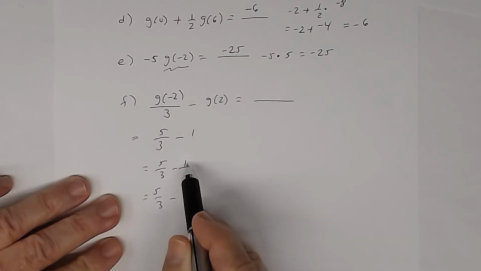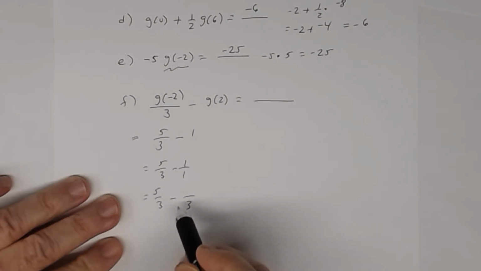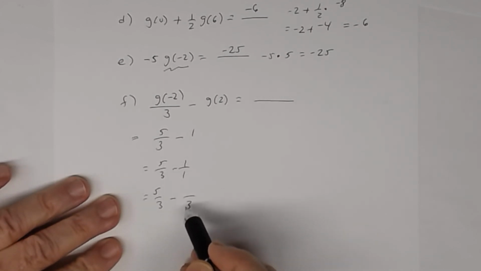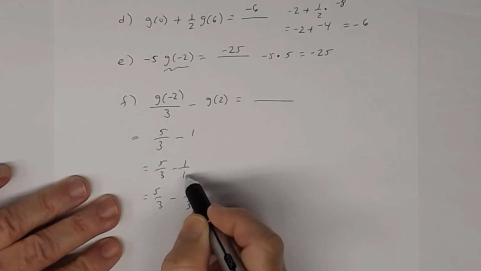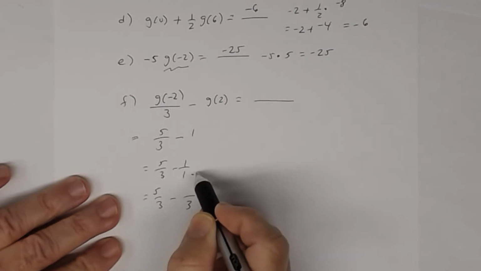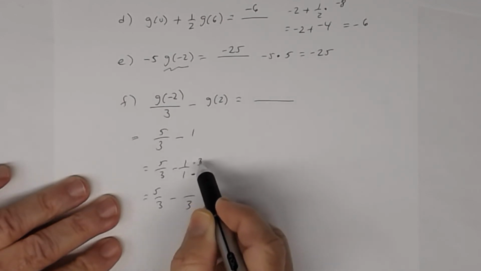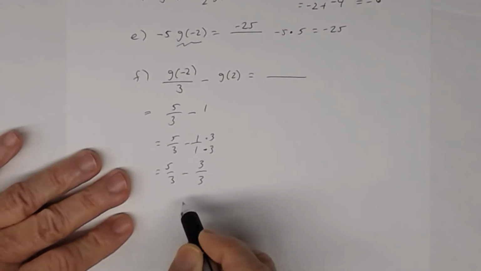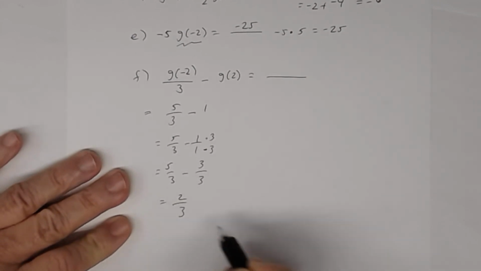Now over here, 1 is equivalent to what number divided by 3? Well, you know that it's 3 divided by 3, right? So to go from 1 to 3, I'm going to have to multiply the denominator by 3. What I do to the denominator, I do to the numerator. 1 times 3, 1 times 3, so you get 3 divided by 3. 5/3 minus 3/3 is 2/3.